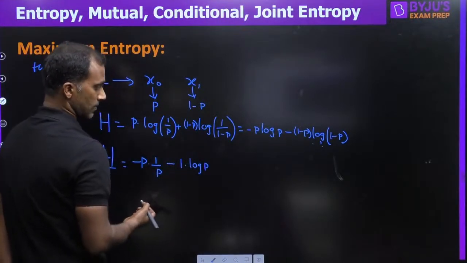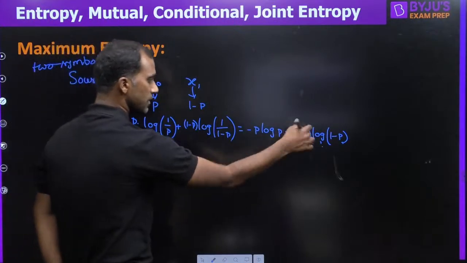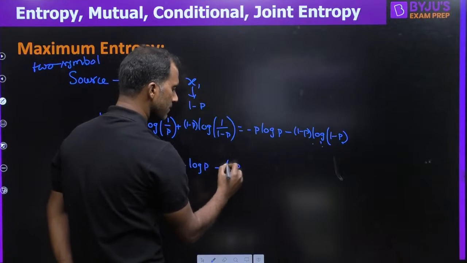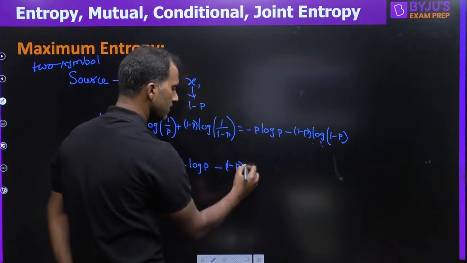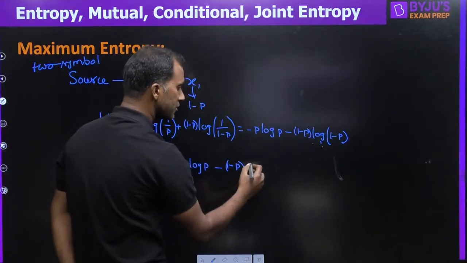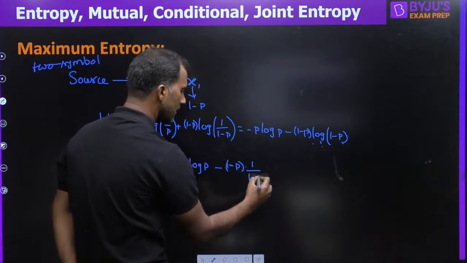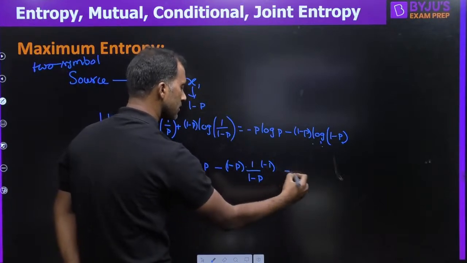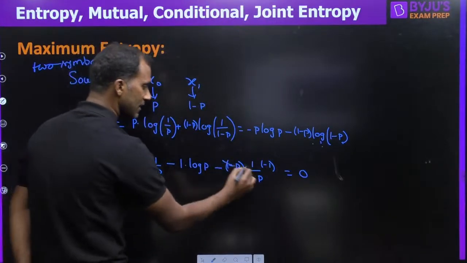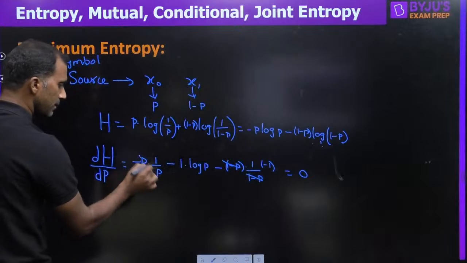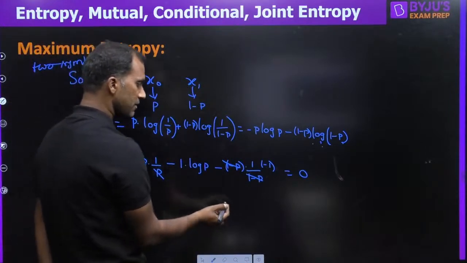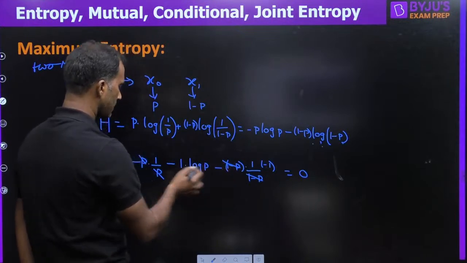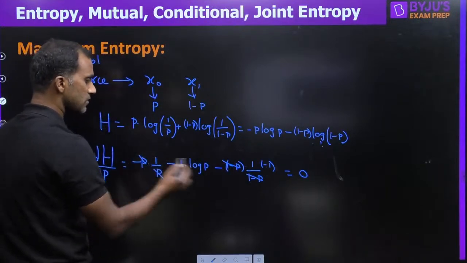Okay, next one, differentiation of the next one is minus 1 minus p into logarithm of 1 minus p differentiation is 1 by 1 minus p, and differentiation of 1 minus p is minus 1. This total thing should become 0. 1 minus p cancel, p and p cancel, and if you observe, minus 1 into minus is plus, and this is minus 1 and this is plus 1.